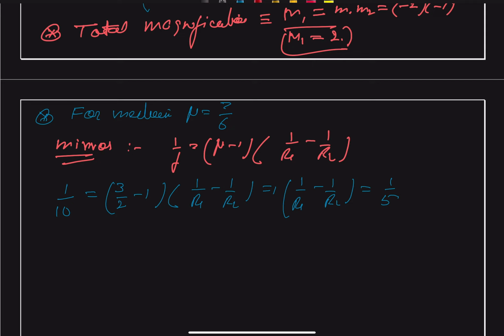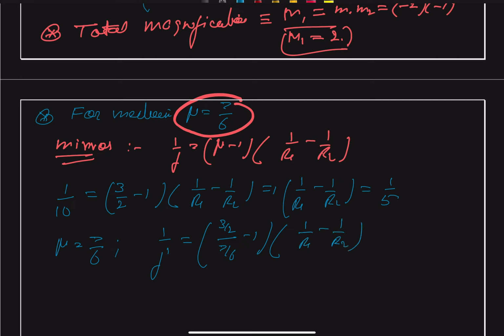And for the medium, that is given as mu is equal to 7/6. So this gives us, let us suppose f prime is equal to, and now we have 3/2 upon 7/6 minus 1, and this comes as 1 upon r1 minus 1 upon r2.